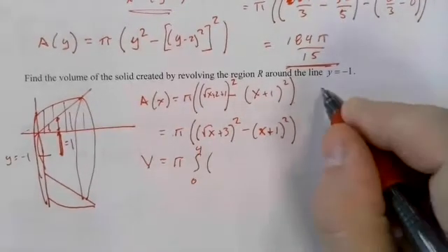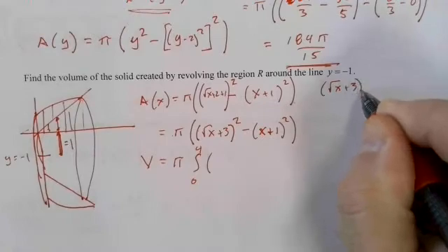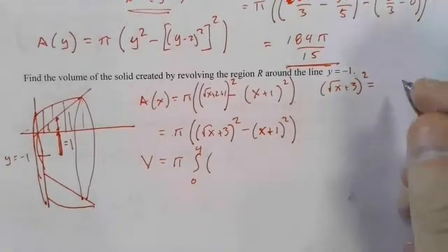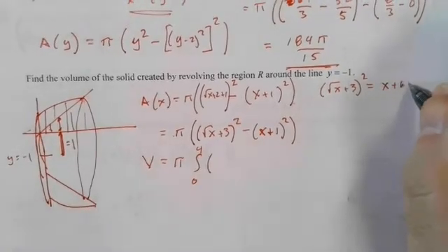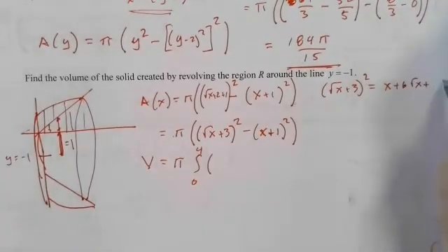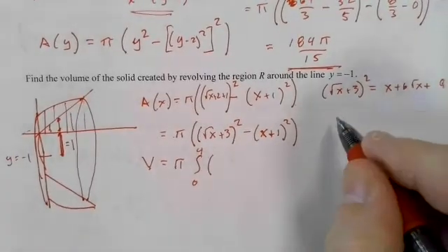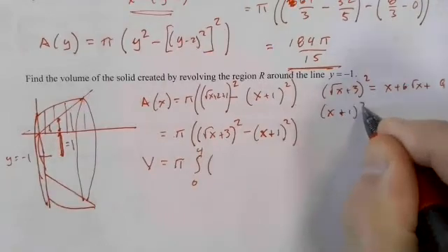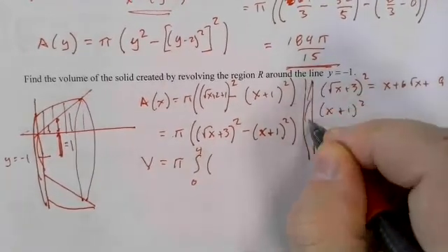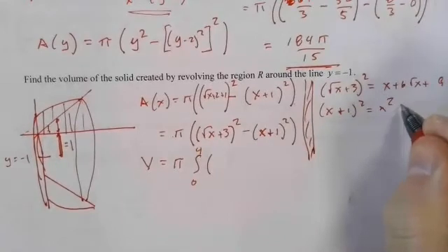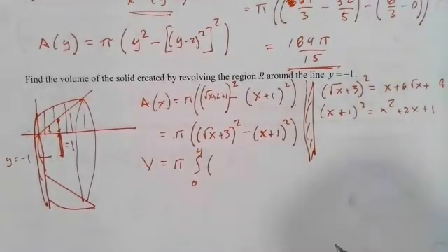Let's see if I throw it up here. Root x plus 3 squared equals x plus 6 root x plus 9. And then x plus 1 squared. Leave a little space here. Equals x squared plus 2x plus 1.